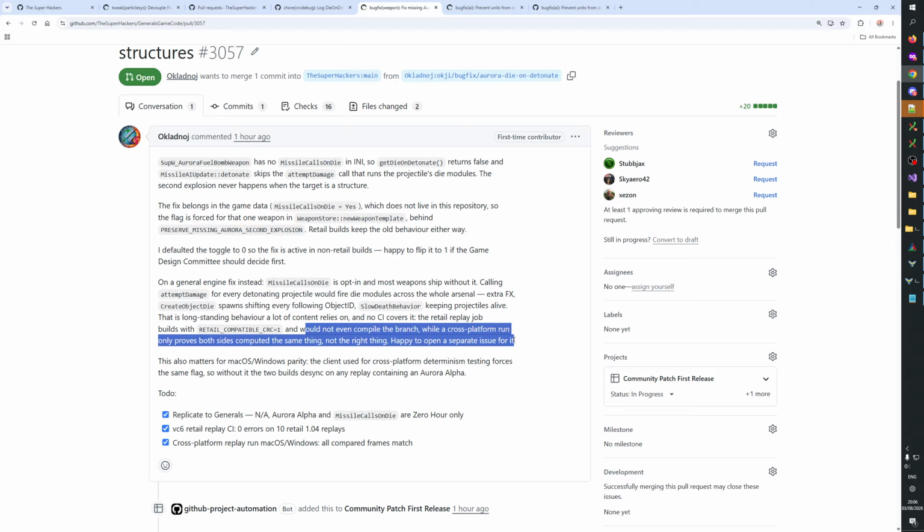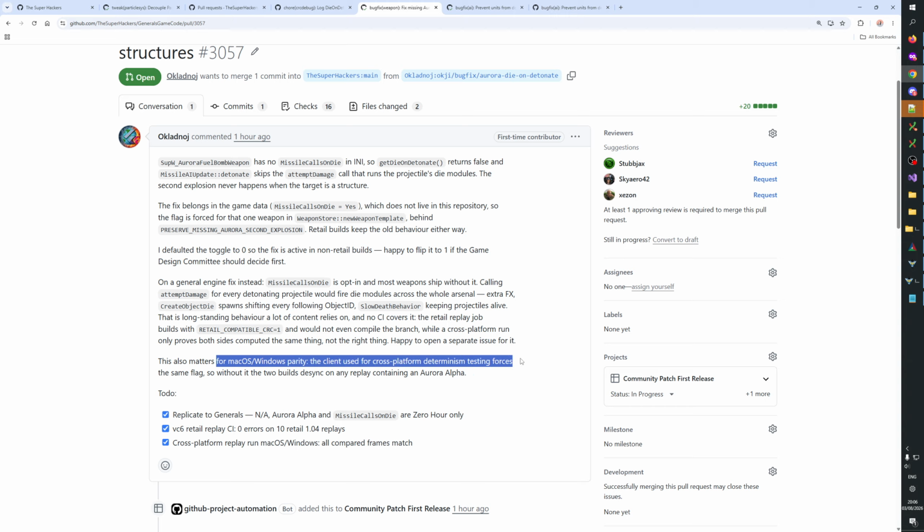A cross-platform run only proves both sides computed the same thing, but not the right thing. This matters. The client used for cross-platform deployment and testing forces the same flag.